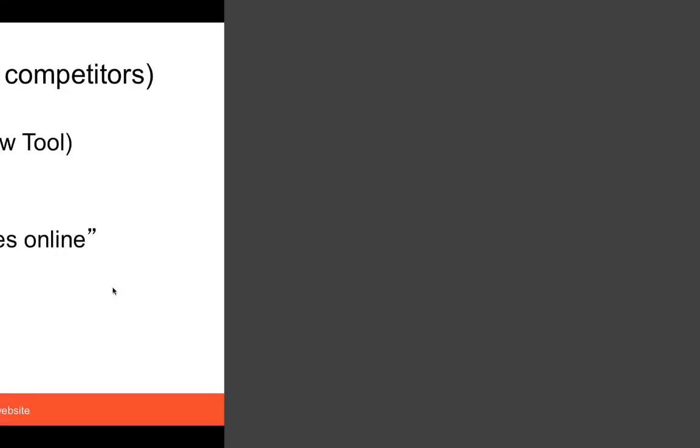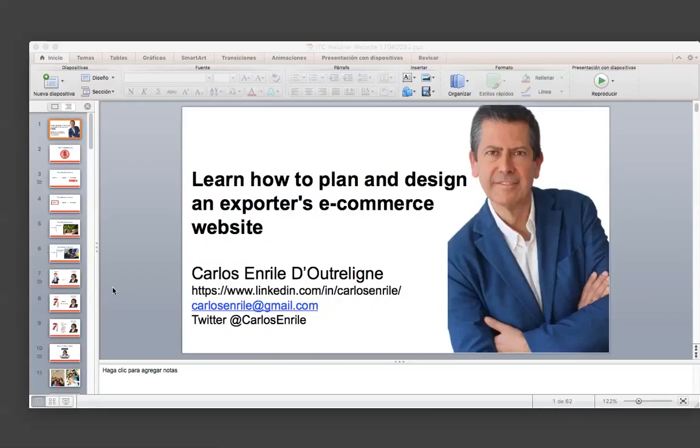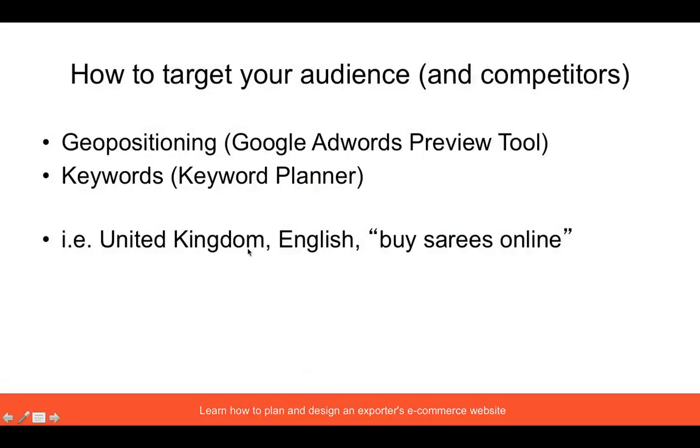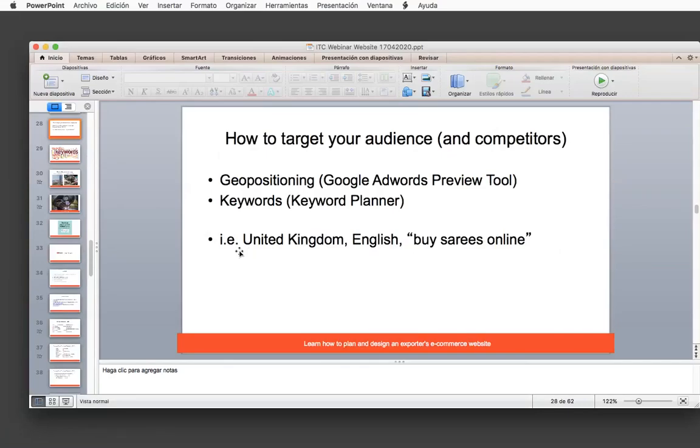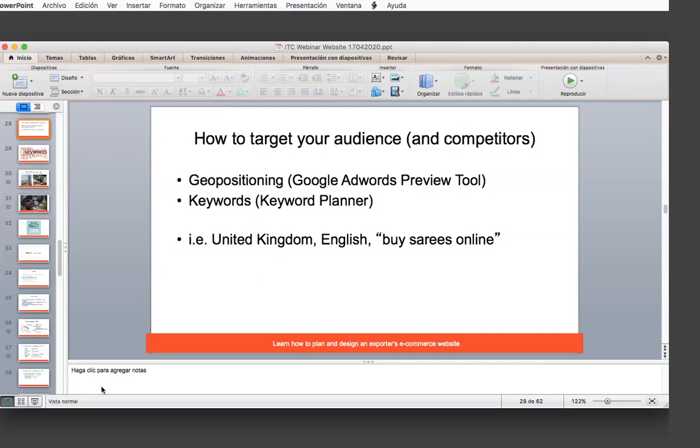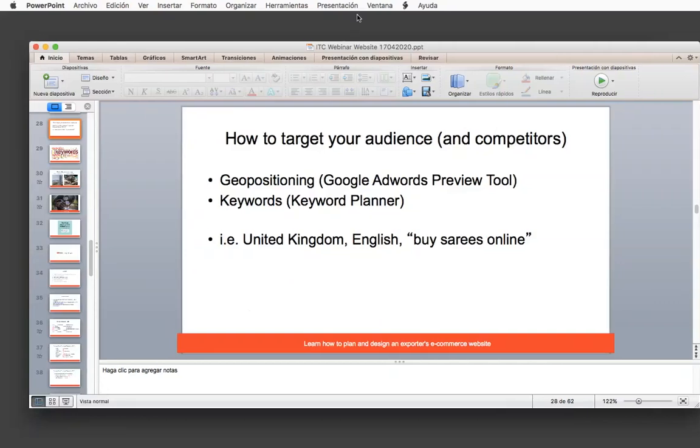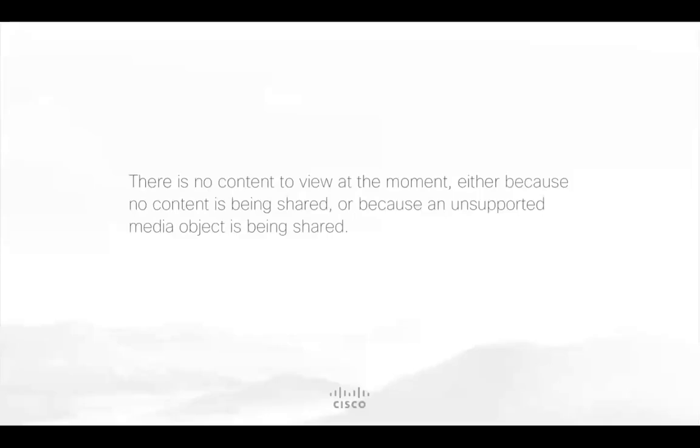Okay? Sorry, Carlos, we are not seeing the screen. Now we're seeing the presentation, but not Google. I think you need to click on share content, and on the option share your web browser. Here it is.